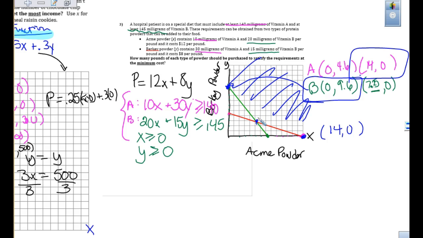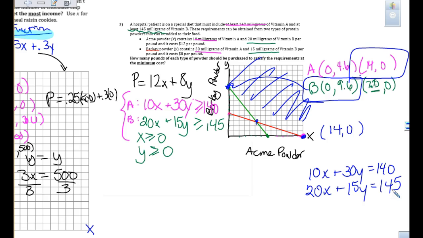That's where you put your 2 equations, and you go, oh, 10x plus 30y equals 140, and 20x plus 15y equals 145. And I'm going to probably multiply by negative 2. Which equation?